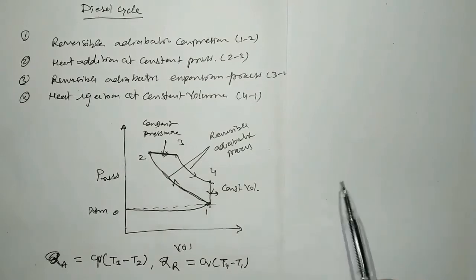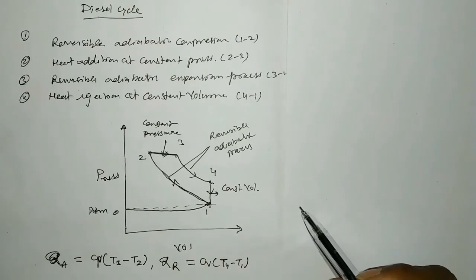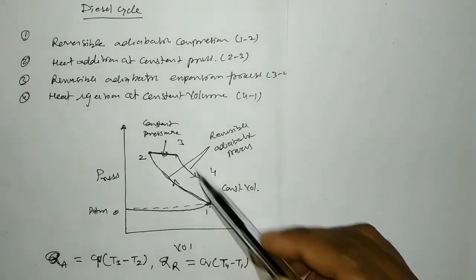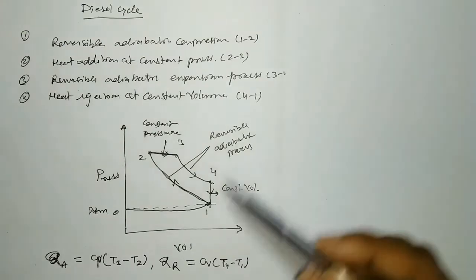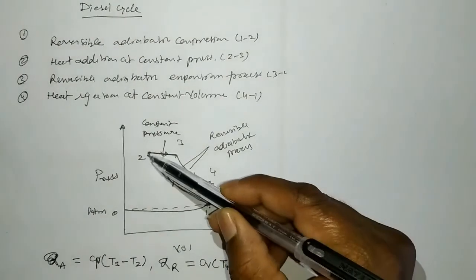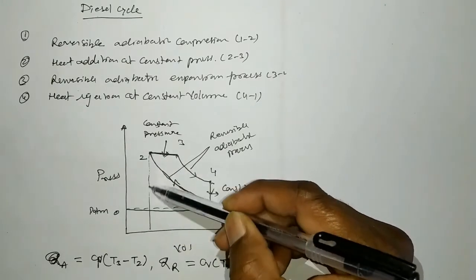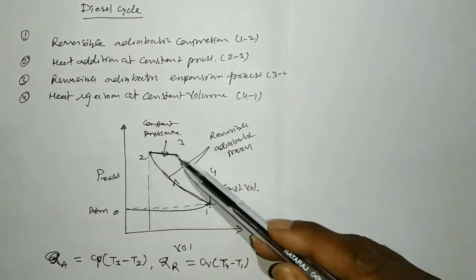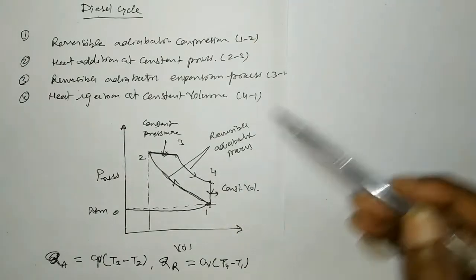As we are seeing, all the processes make a complete loop. Hence, the work produced by the system is directly proportional to the heat supplied.